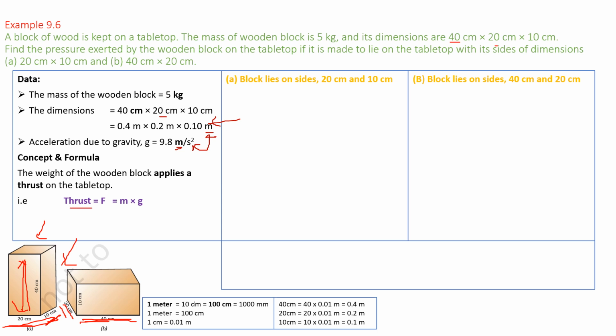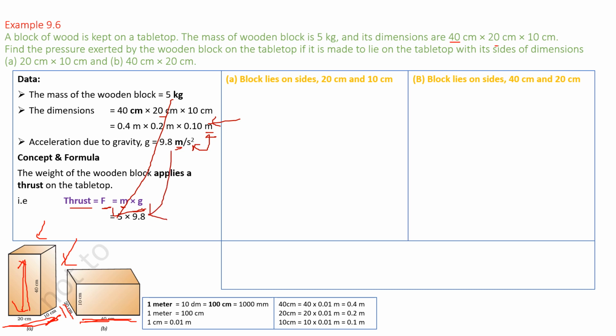And what is the formula? Thrust is equal to force. Force is equal to mass into gravity. F is equal to ma, now it's F is equal to mg. So thrust is equal to mg. Now substitute them: 5 kg here and 9.8 here, right?